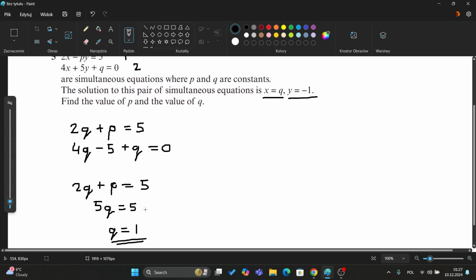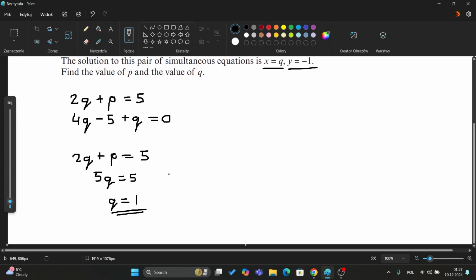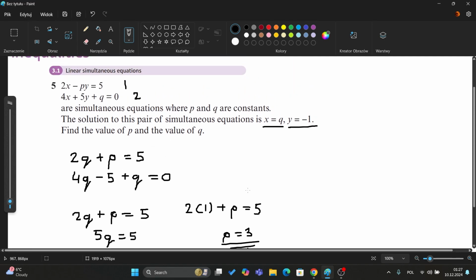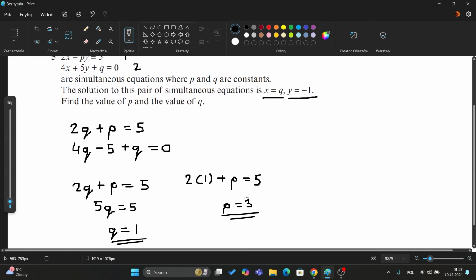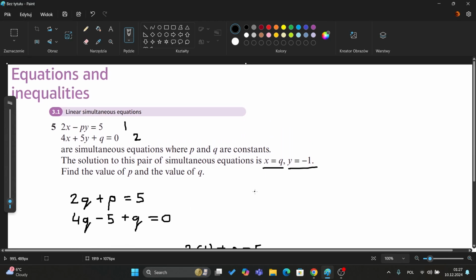So now we can find the value of p by substituting the value of q: 2 multiplied by 1 plus p is equal to 5, so now p is equal to 3. Really simple, a matter of substitution. So now you can do exercise 3a, and I hope that you understood what was going on in that exercise.